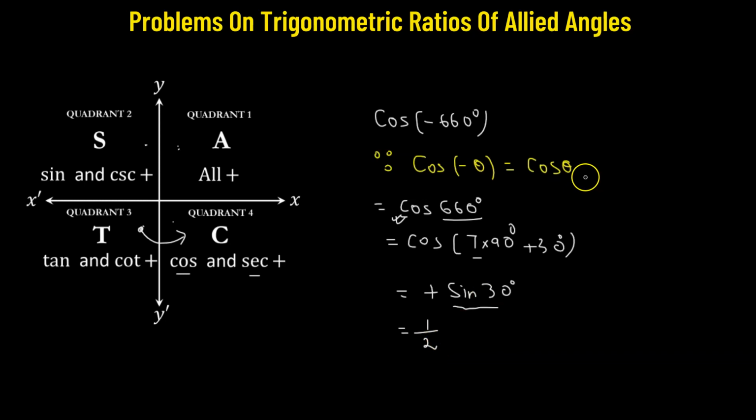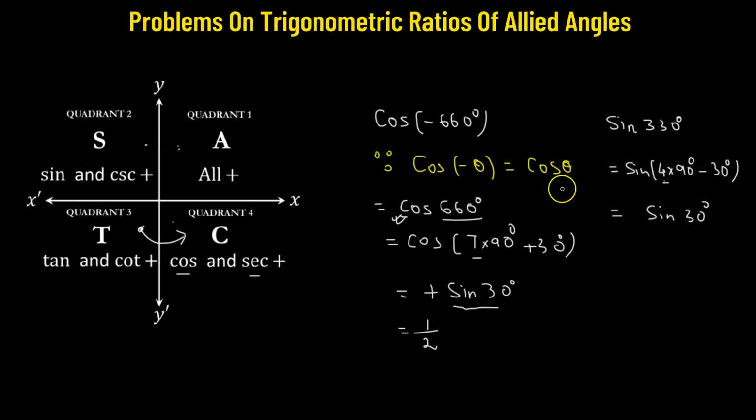So that means we have positive sine 30, and this gives us a value of half. Fine. And let's find out the final value. We're going to find out the value of sine 330 degrees. So 330 degrees can be expressed as sine of 4 multiplied by 90 degrees, so that's 360. We're going to subtract 30 degrees from it to get 330 degrees. Now we have an even multiple of 90, so we're going to get sine 30 degrees. Sine remains as sine.